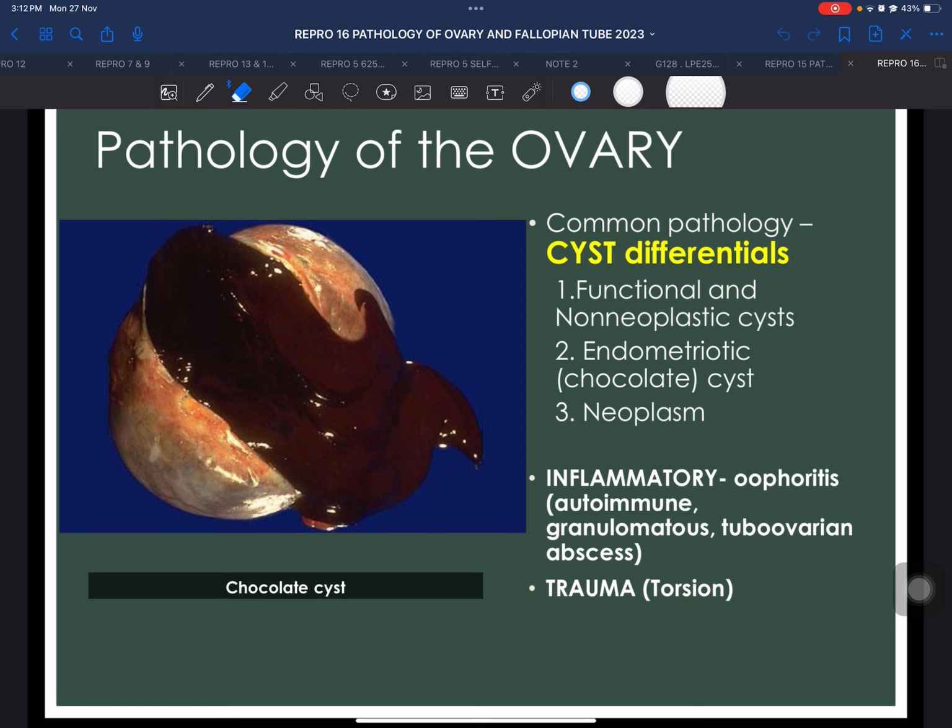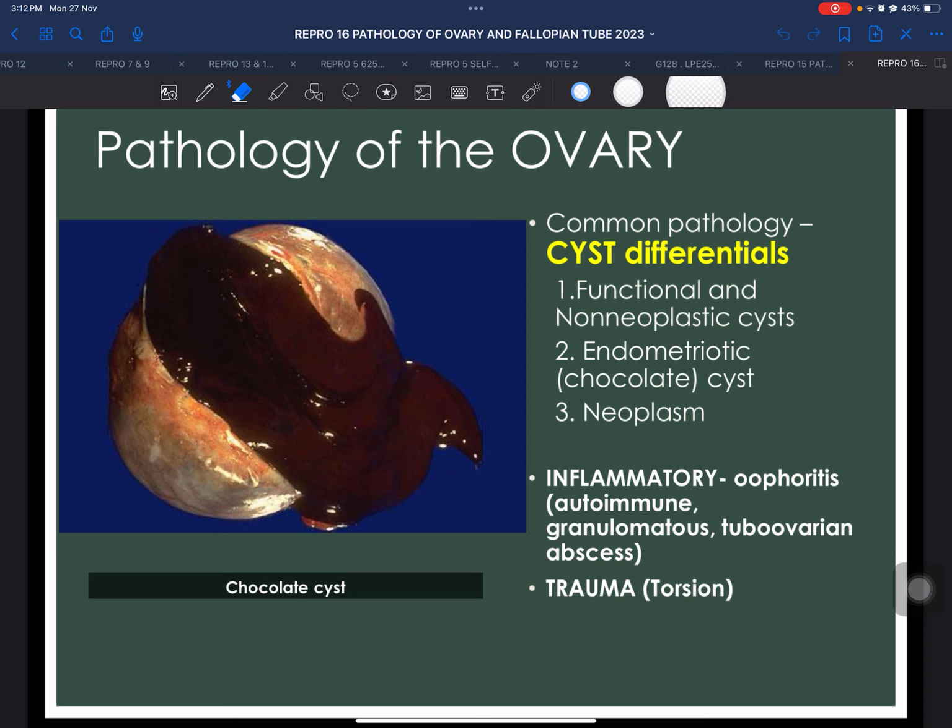You can also have inflammatory lesion in the ovary, but they are not that common. And you can also have trauma, which usually occurs in a cystic lesion, in which they can become torted, so they can twist and produce a surgical emergency.